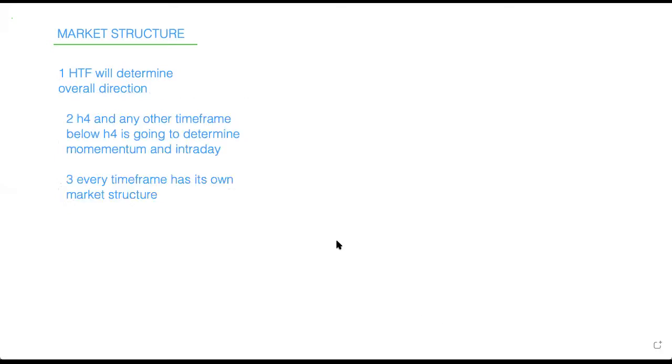Let me do this. Remember what we said last time, that when we are analyzing charts, we want to start from a bigger time frame, moving on to a smaller time frame. So in this case, let's say our daily chart is going to be represented by a straight line, and our H4 chart is going to be represented by a zigzag.